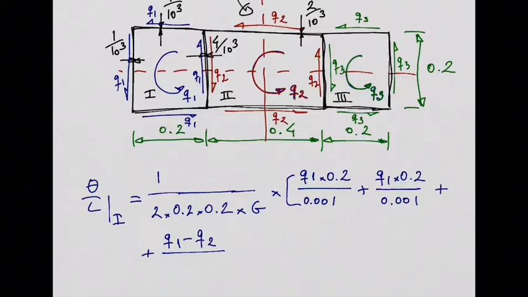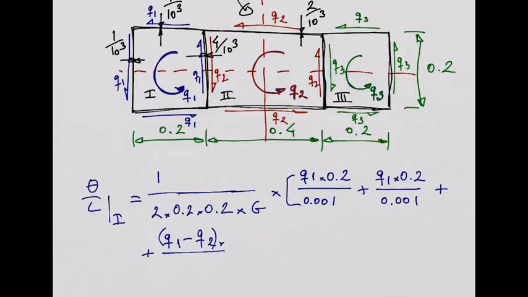Why is it Q1 minus Q2 and not Q2 minus Q1? Because in cell 1, we are adopting the positive anti-clockwise movement for the shear flow, right? And Q1 is in this anti-clockwise direction, and Q2 is opposite to this anti-clockwise. So Q2 should be affected by this minus, okay?